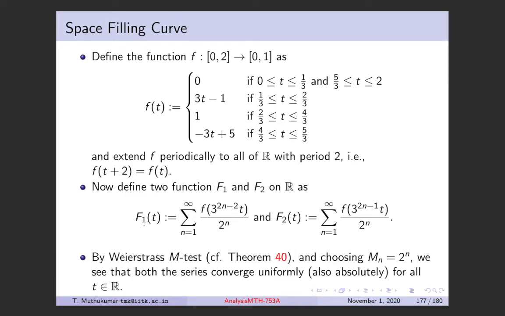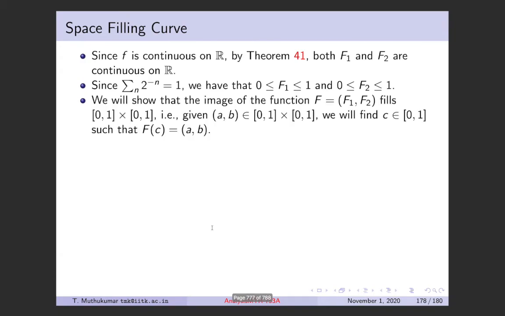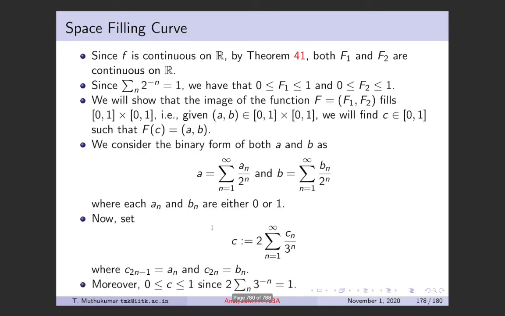So we want to show that f1 of c is a and f2 of c is b. So we should ideally know f of 3 power 2n minus 2 of c, similarly 2n minus 1 of c, for all n. That's what we are trying to see there. So that's why we looked at 3 power k times c.